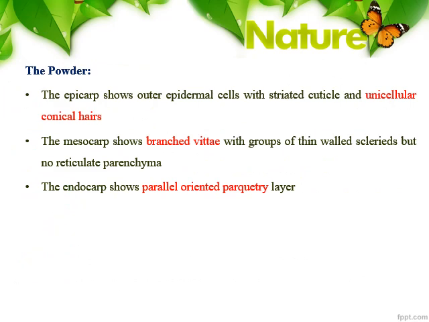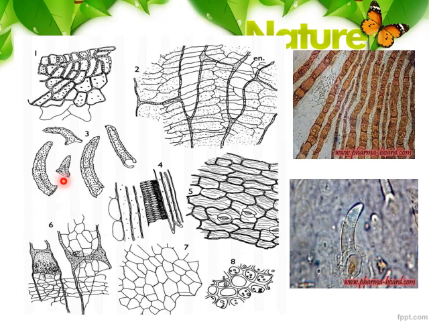The powder of anise is characterized by outer epidermal cells of the epicarp covered with a striated cuticle and unicellular hair. This is the epicarp with striated cuticle, anomocytic stomata, and unicellular non-glandular hair. The mesocarp has numerous vittae, showing the presence of branched vittae.